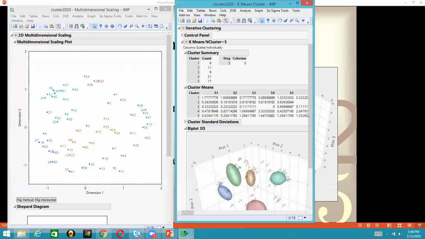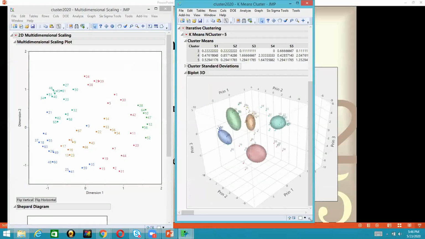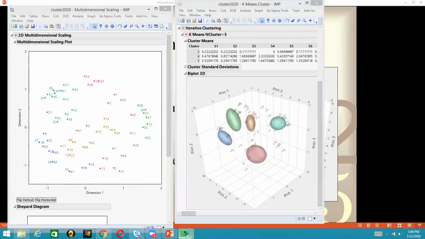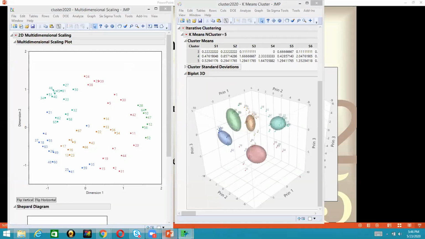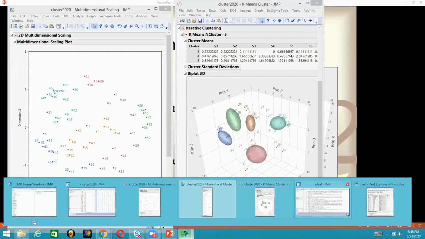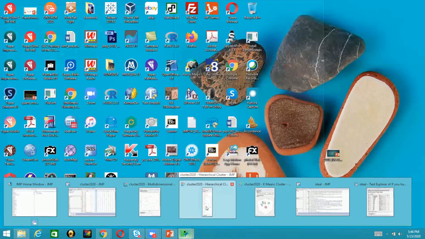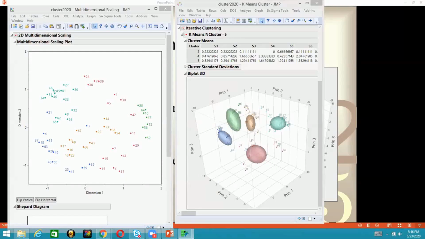And the last one is this one. Just a moment, I have two screens, so I try to drag it. Okay, so this is the hierarchical clustering.